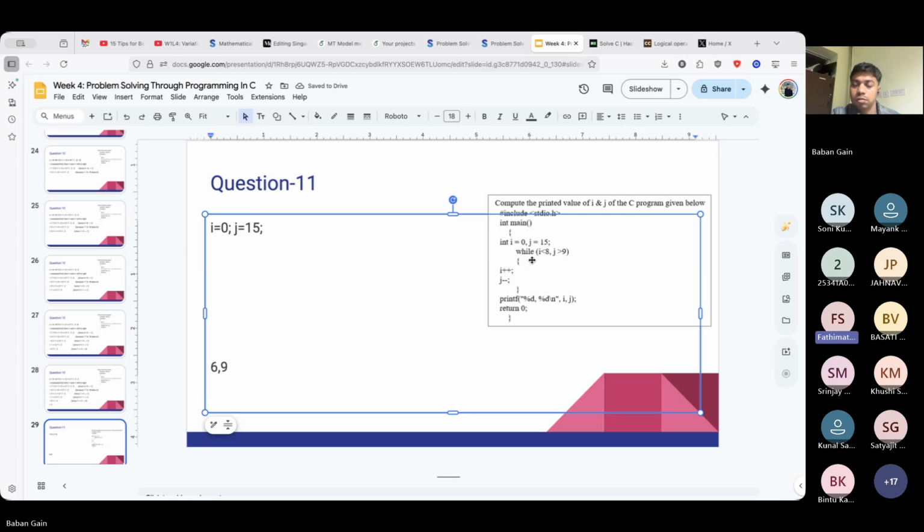i's value gets incremented to 1 and j is 14. Okay, so you are saying i equal to 1 and j equal to 14.